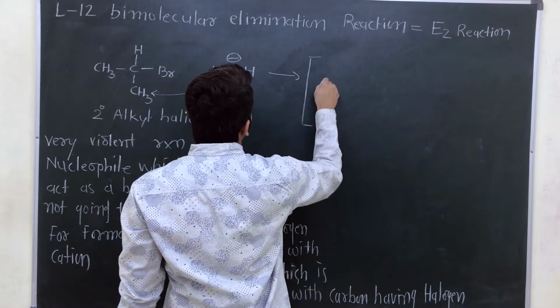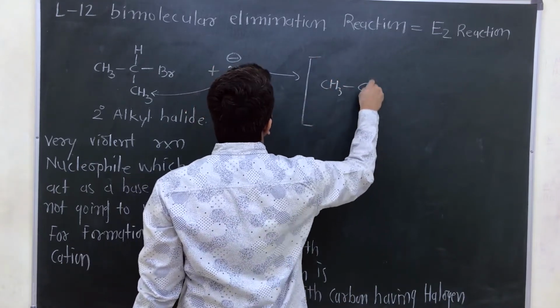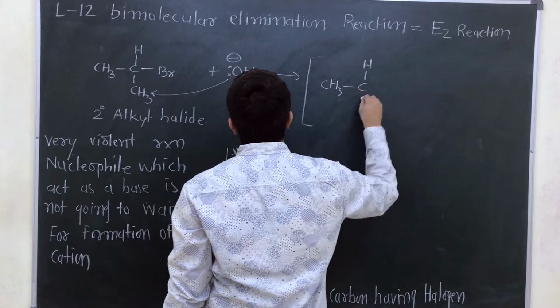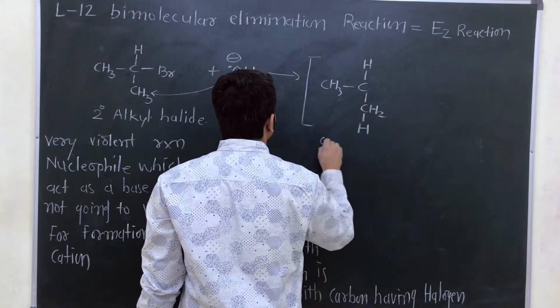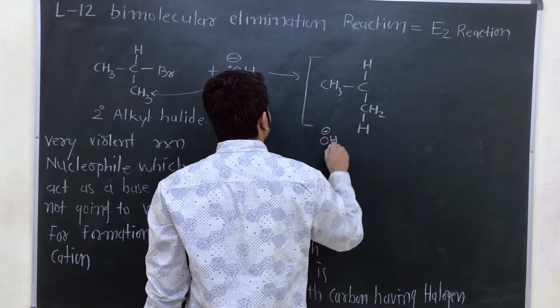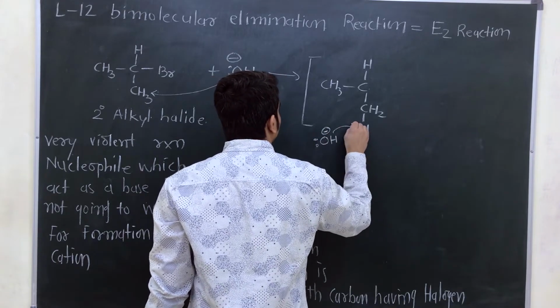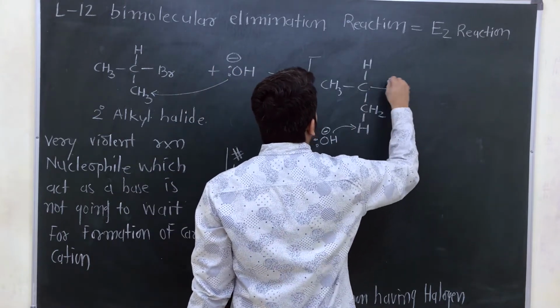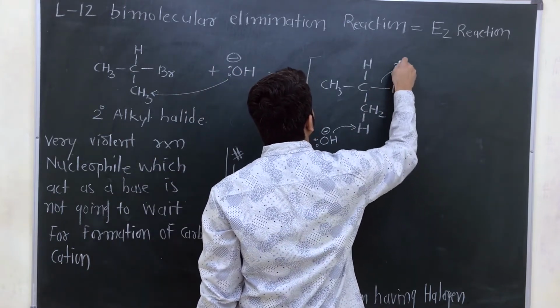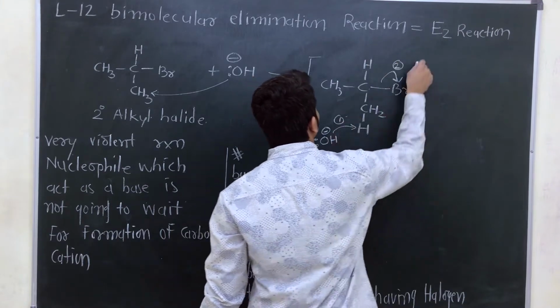One intermediate is formed, CH3-CH2-H. Your OH- is going to attack on this, and bromine is going to withdraw the electron pair.